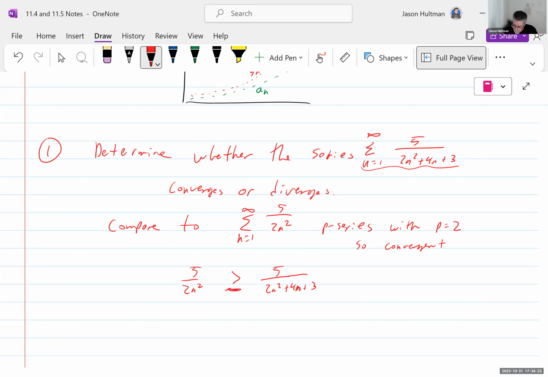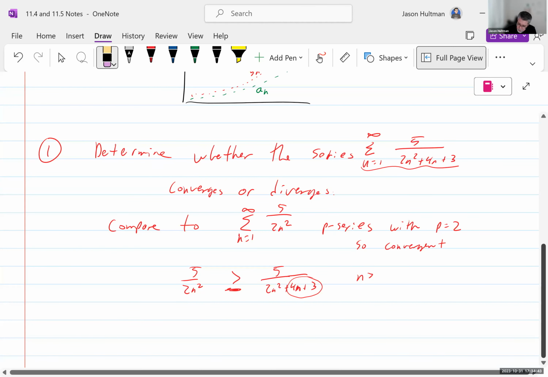Because we don't have to worry about fractions here, since n is greater than or equal to 1. I'll just write it as n is an element of the natural numbers. Okay, so we know that that holds.